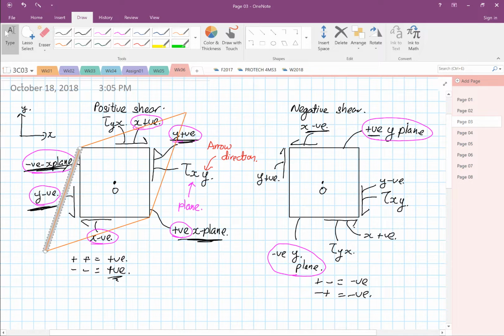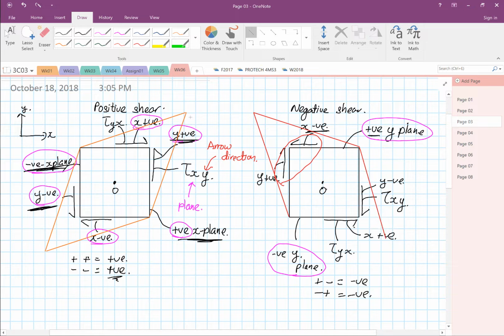And then on negative shear, I'm going to use a different color. Negative shear, based on this arrow, you physically squeeze the element. How will the element deform? It will deform this way. So there's the difference between positive and negative shear in how the elements are deformed.